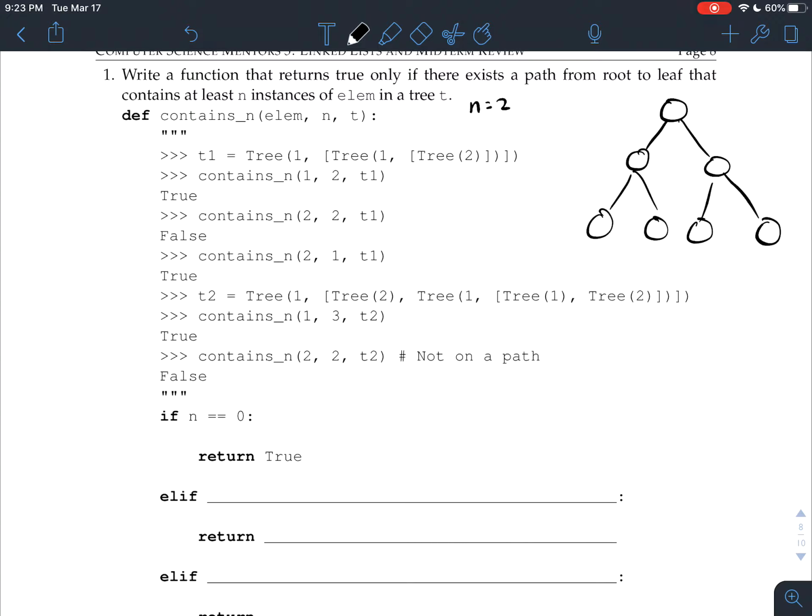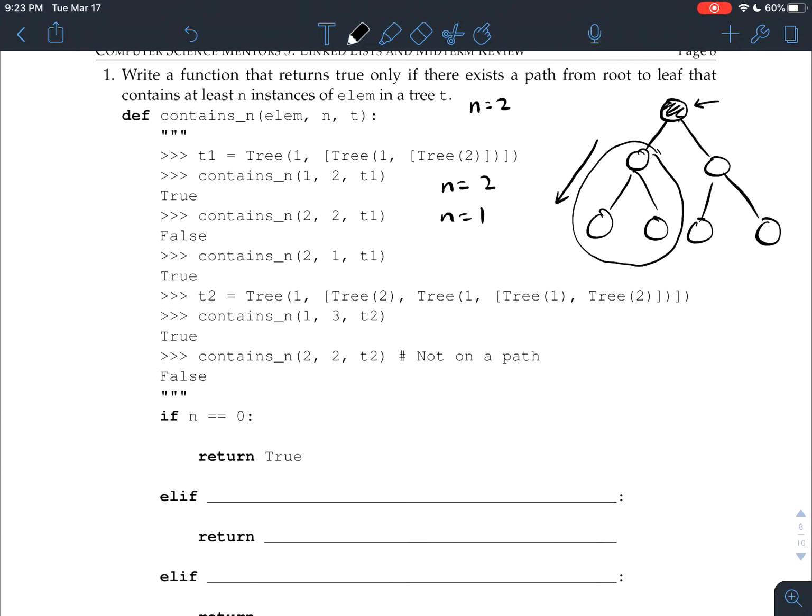But we could also view this from this perspective, because this is also a tree, meaning recursively things work the same. And in this case, we could look at it and say, does this path have n equals maybe 2 or n equals 1 instances of the elem, depending on whether or not this was an instance of elem?